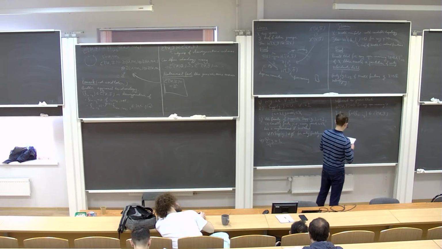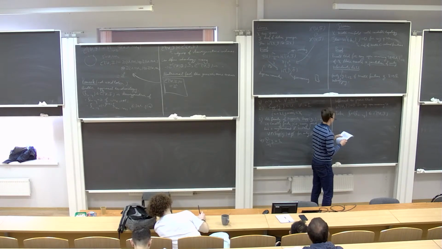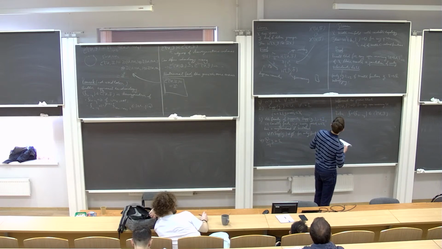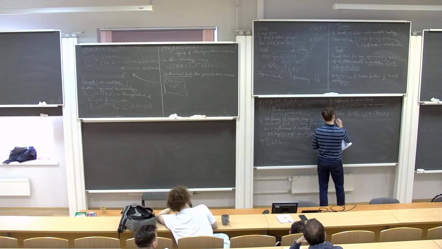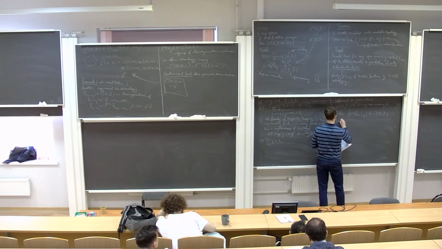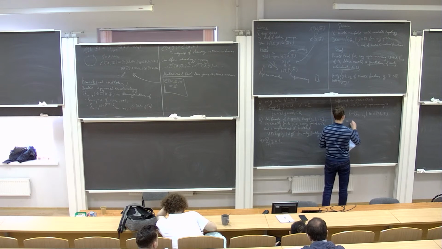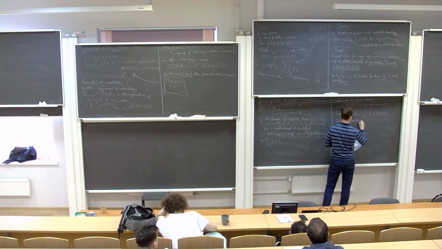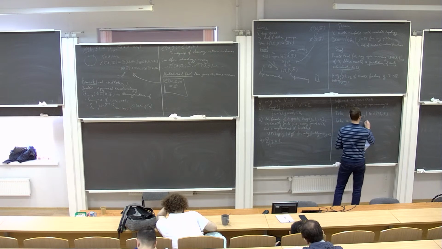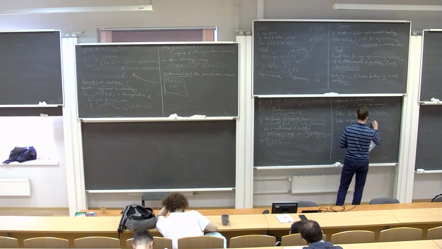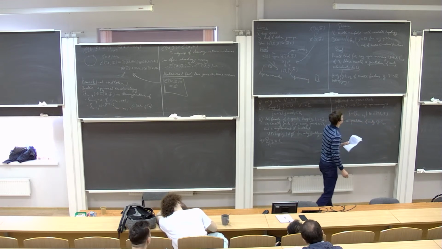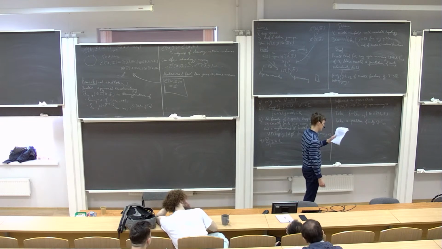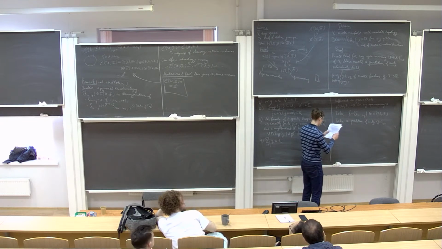Okay, and then we have this partition of unity. Take a partition of unity g_i associated to this open covering.